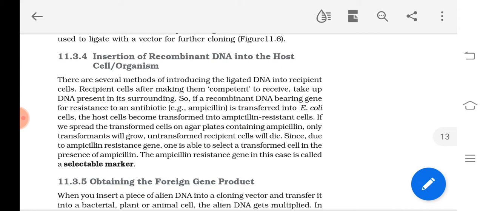So by plating the cells on a medium containing ampicillin, we can identify whether the cell is transformed or not. If it is transformed, then what will happen? It will have ampicillin resistance, and it will be able to live in a medium which contains ampicillin.